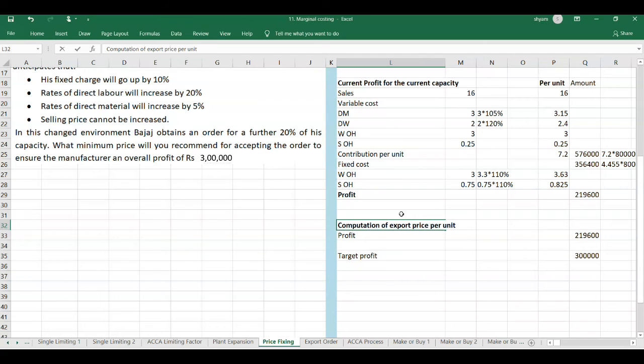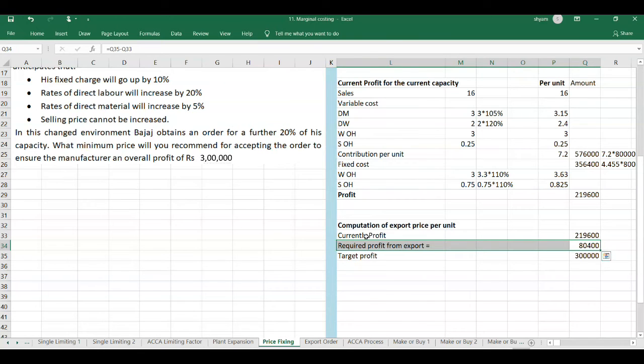Okay, so we'll try to find out what is the export price per unit. So the profit is currently 2 lakh 96, and the target is this. So the required profit from export is this amount. Okay, so they need this amount of profit.